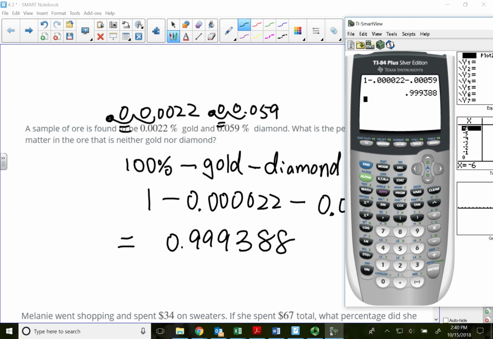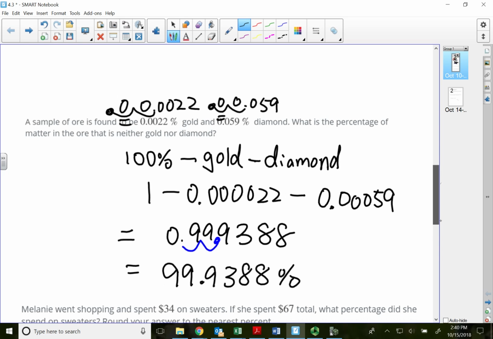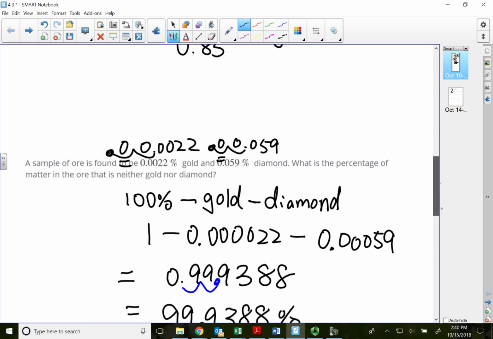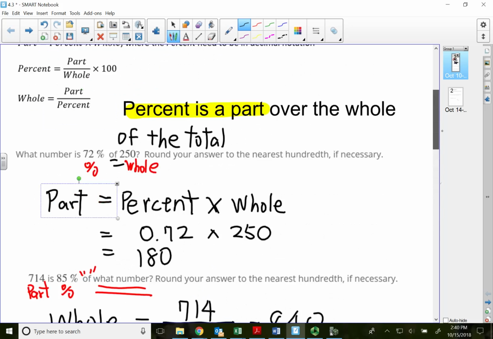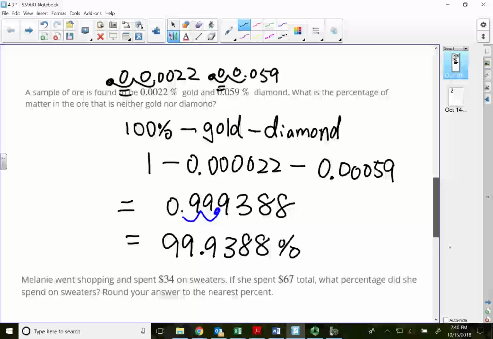This is not a percent yet. To convert into percent, I have to move my decimal to the right 2 places, or times 100. So what percentage? 99.9388% are neither. So this problem is basically a subtraction of percentages, which does not apply to the three-part equation.